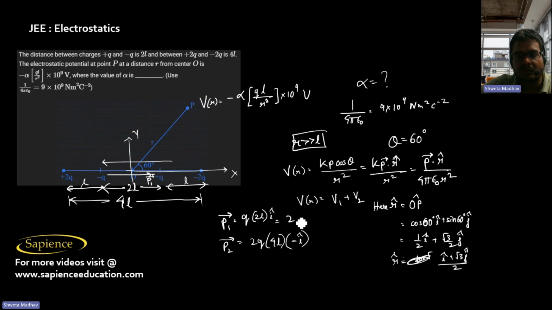So P1 is 2QL I cap and P2 is 8QL minus I cap.